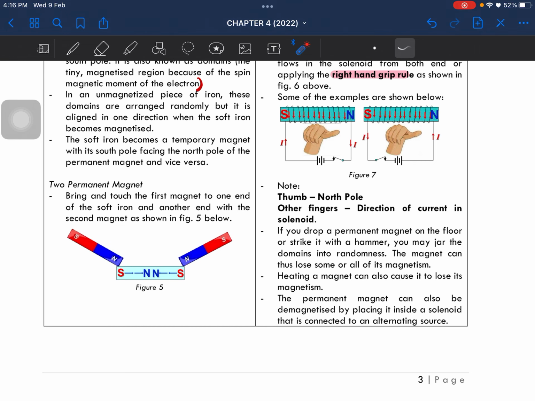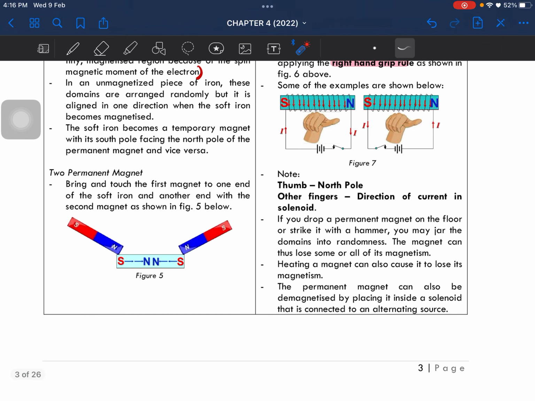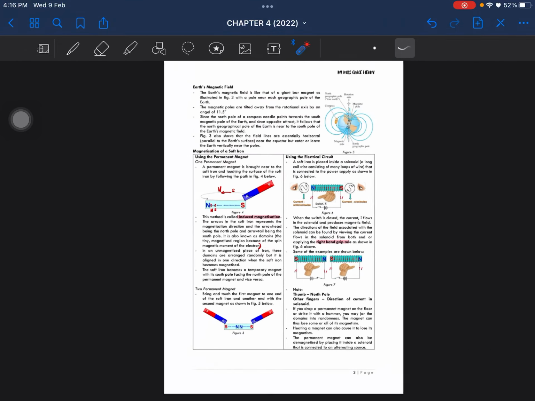Due to that, it can lose some or all of its magnetism lah. Heating a magnet could also cause the magnet to lose its magnetism. And a permanent magnet can be demagnetized by placing it inside a solenoid connected to an alternating source. So that is how you demagnetize a permanent magnet lah.